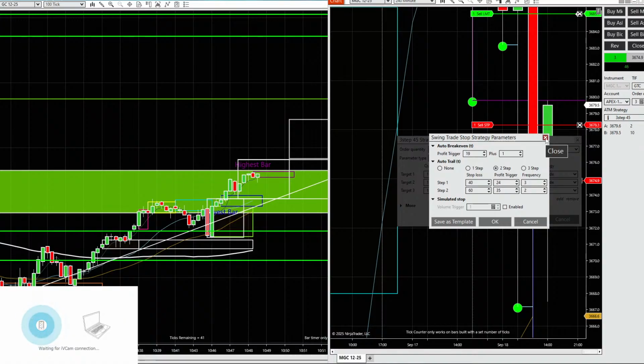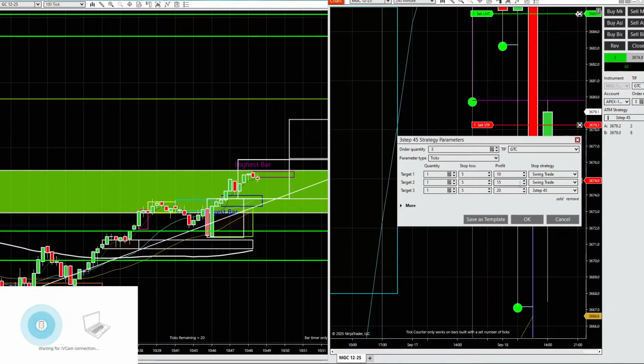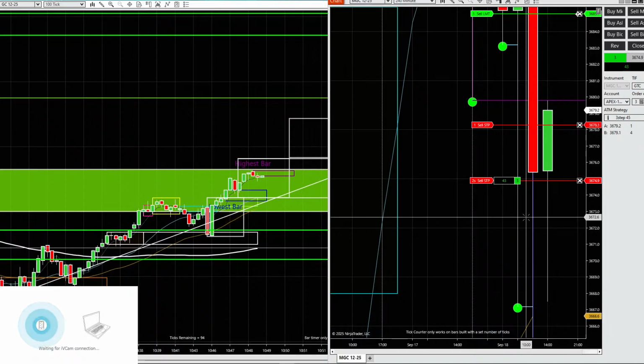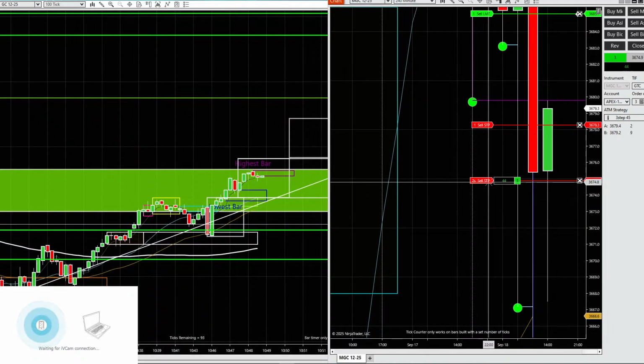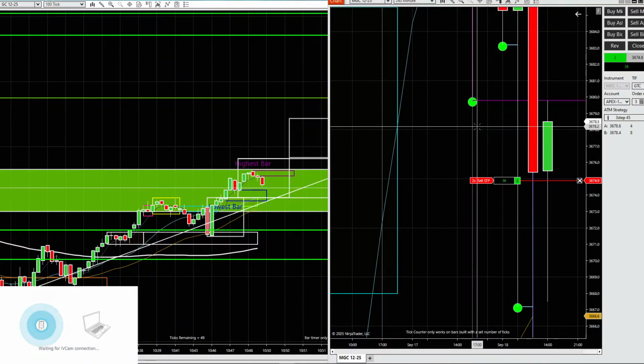Alright, whatever. So I don't know when they start moving then, because it says 40 and we're already at 43. Stop filled. Okay, there's the first one right here.